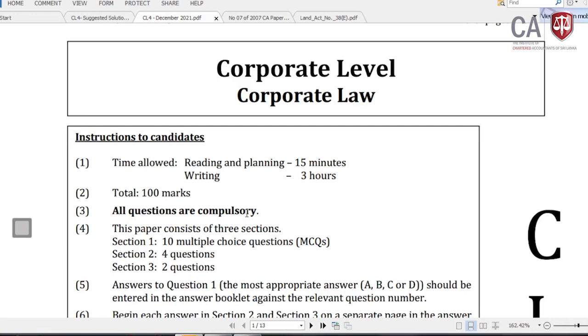However, you can decide whether you are going to start answering the questions from section 1, section 2 or section 3. My advice is, if you are going to answer questions from section 1, when you look at the question, straight away if you know the answer, go ahead and select the answer.